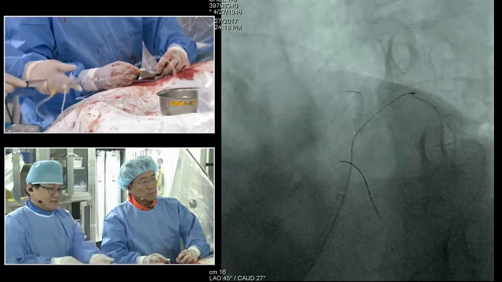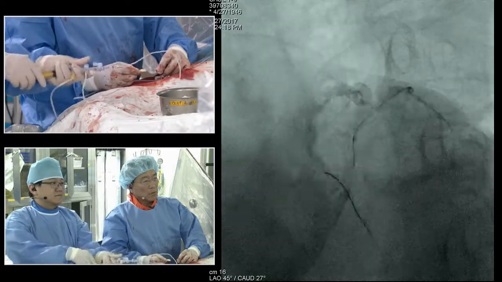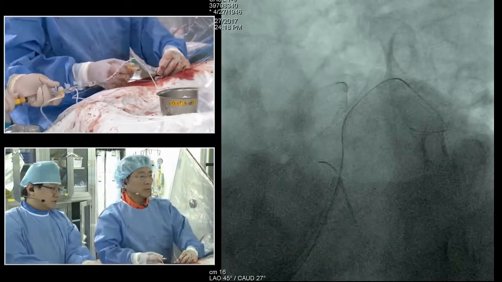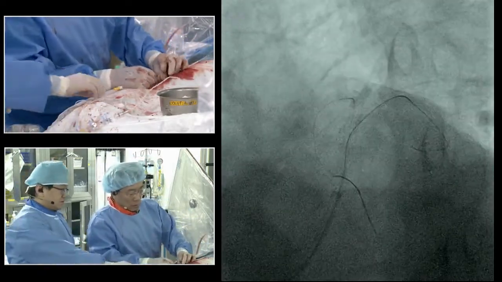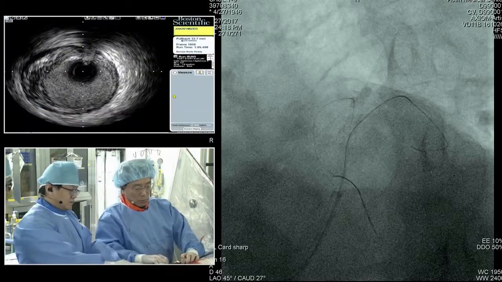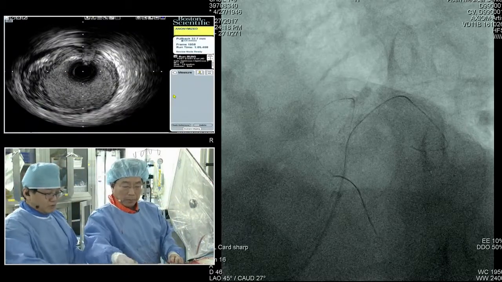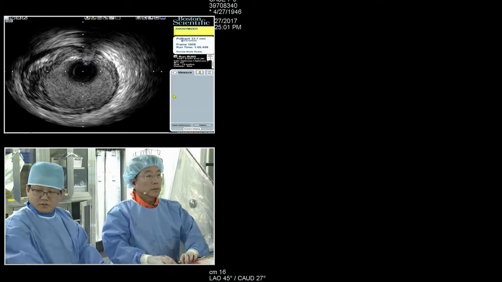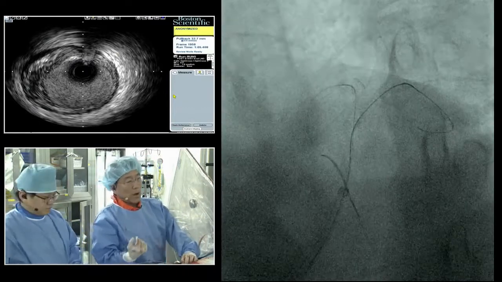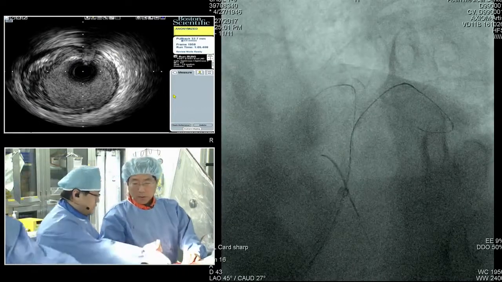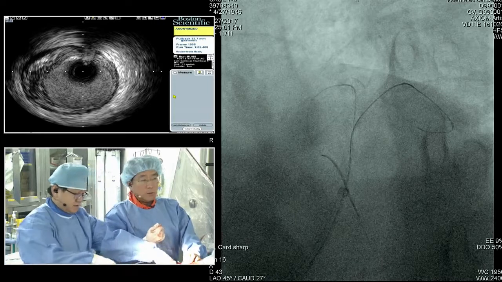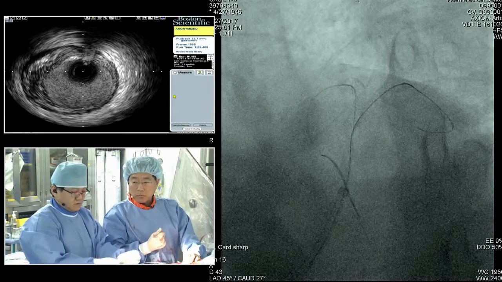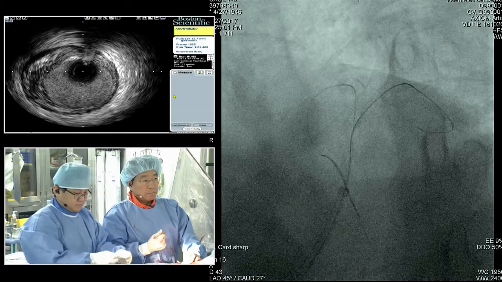Okay, good. I think it's good, right? So, what is the lowest one? 1.25? Yes, 1.2. Okay. The reason is the wire is too easy to pass, and so I want to start with a very small balloon first.